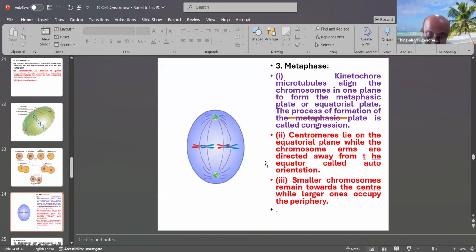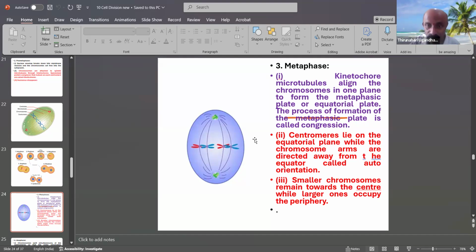The chromosomes align in one plane to form the metaphase plate, or equatorial plate. The process of formation of the metaphase plate is called congregation.